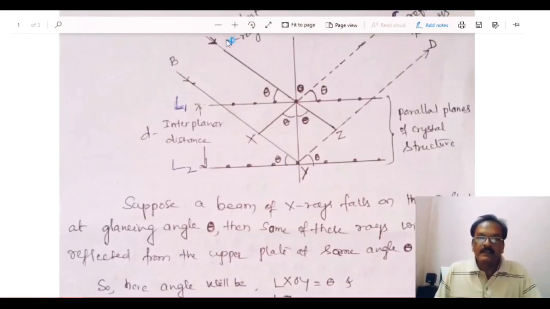Suppose a beam of X-ray is incident on the crystal at an angle of theta. A part of this beam, this AO, is reflected at a point O along the path OC.